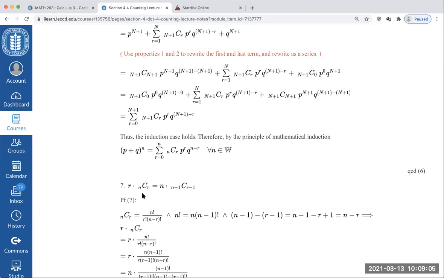Next, absorption. So let me show absorption, that r times nCr is equal to n times (n minus 1)C(r minus 1).